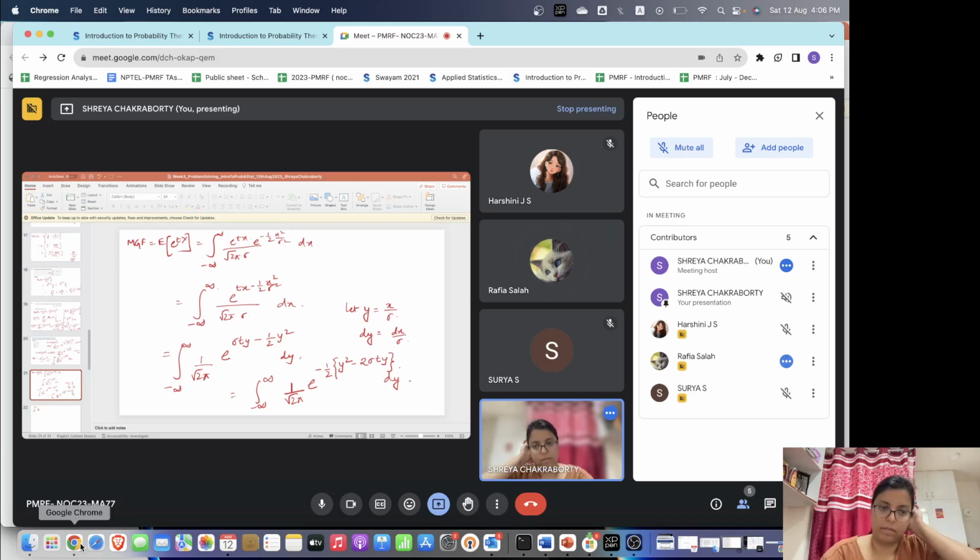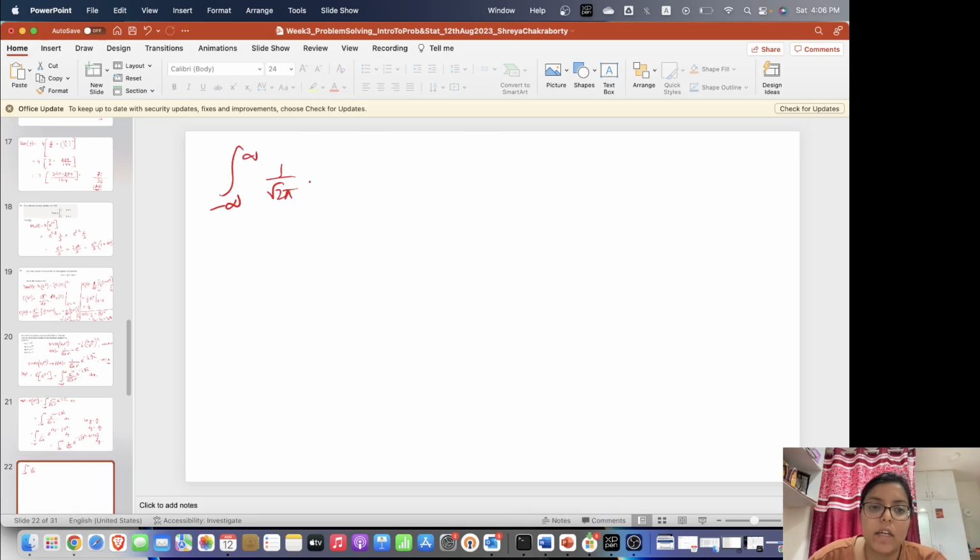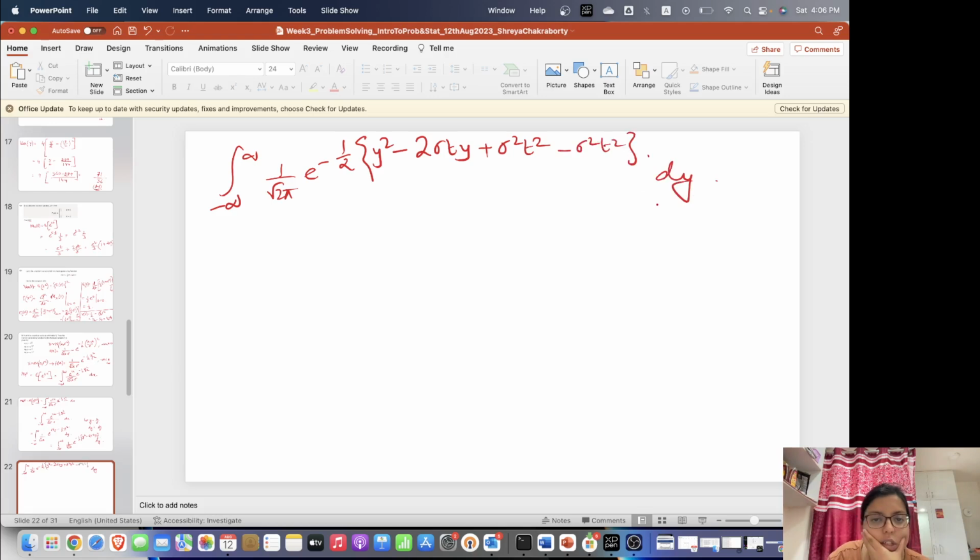Yes, ma'am. Okay, sorry about that disturbance. So we had this integral from minus infinity to infinity of 1 by root 2 pi e to the power minus half y square minus 2 sigma t y. So if we write plus sigma square t square and then again minus sigma square t square dy, we can do it, no problem.